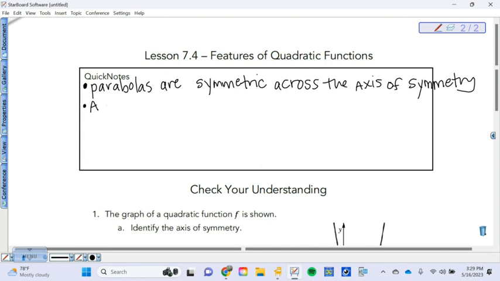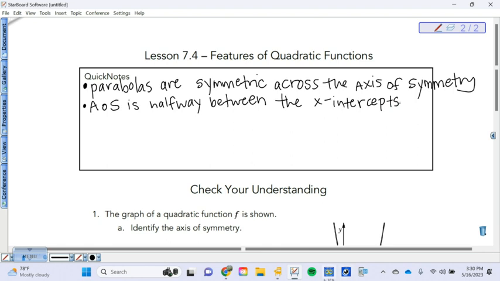And that axis of symmetry is halfway between the x-intercepts.